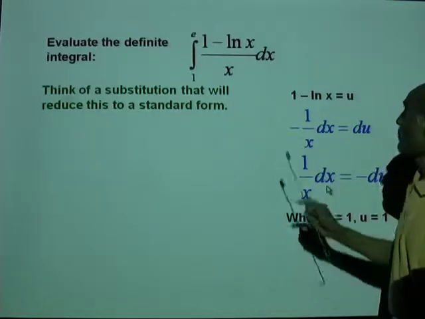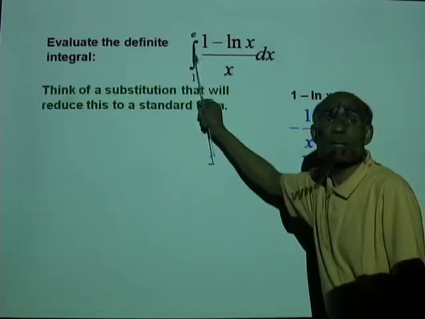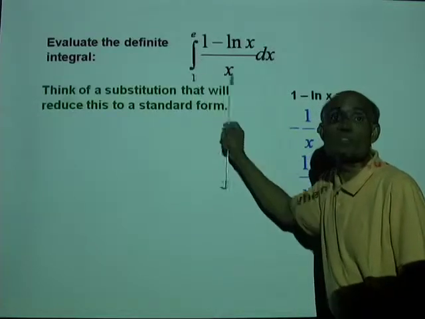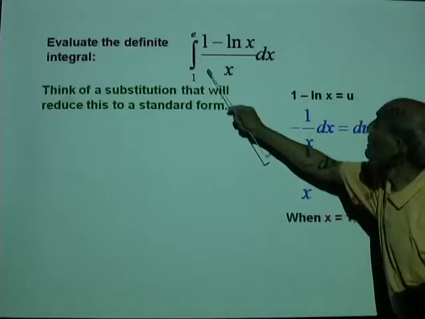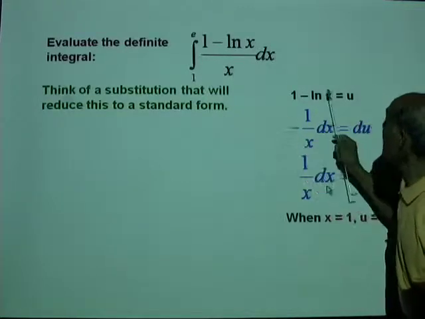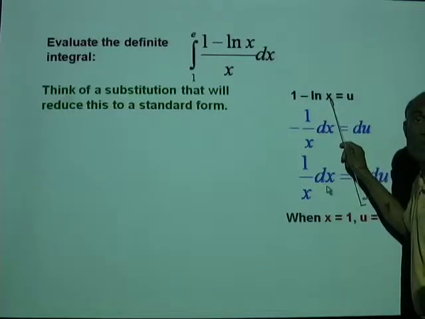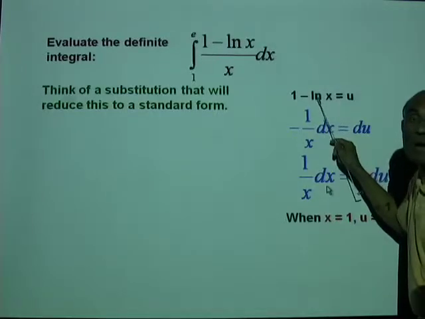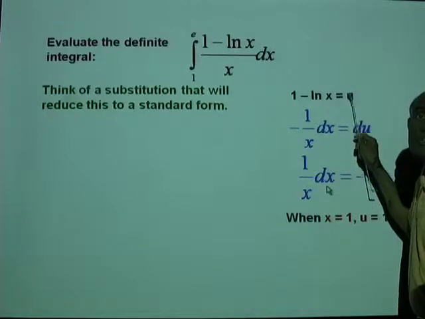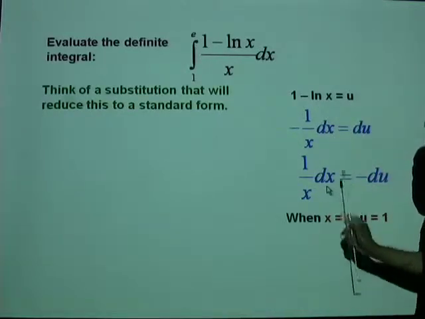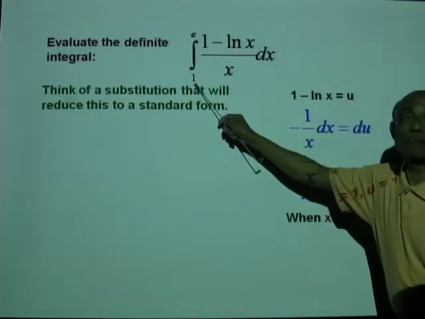Let's do that. Well, before we do that, we need to replace our limits using this substitution. Alright? Now here, when x equal to 1, what is ln 1? ln 1 is 0. So when x equal to 1, u equal to 1. So that limit will remain the same.